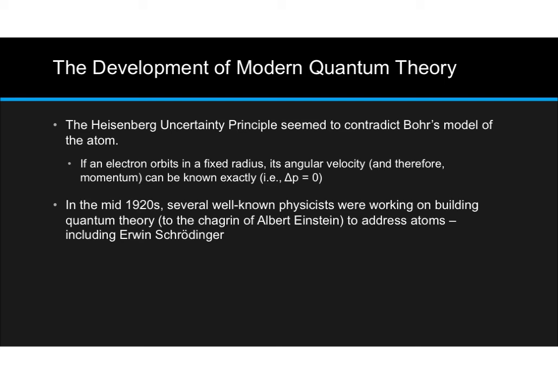Mathematics would tell us with certainty both where an electron is and what its speed or momentum would be. If we accept Heisenberg's uncertainty principle as a course of nature, then Bohr's model of the atom cannot be sufficient to describe the real nature of electrons around an atom.